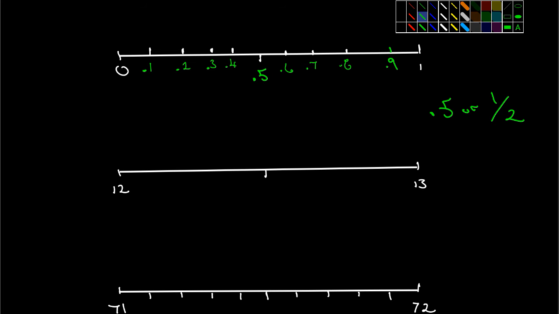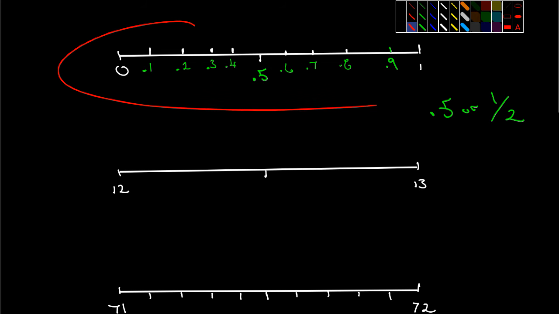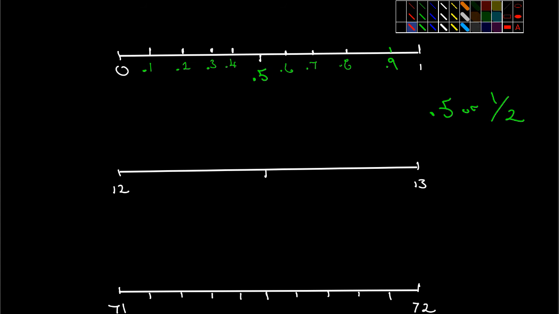So that was kind of easy. That was just between 0 and 1 on a number line. How about if we started at 12? Let me ask you some questions here. Where do you think 12.6 would be?